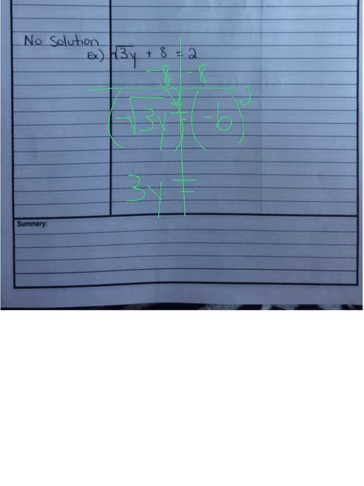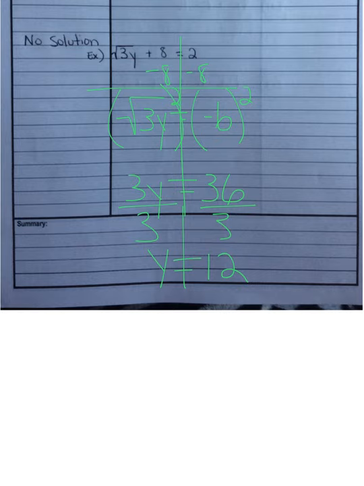And we get 3y equals -6 times -6 is a +36. And now, both sides, it says 3y equals 36. So we need to divide both sides by 3 because the inverse of that multiply is divide. And we get y equals 12.